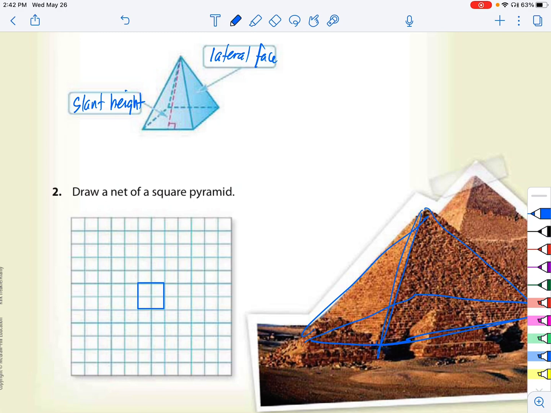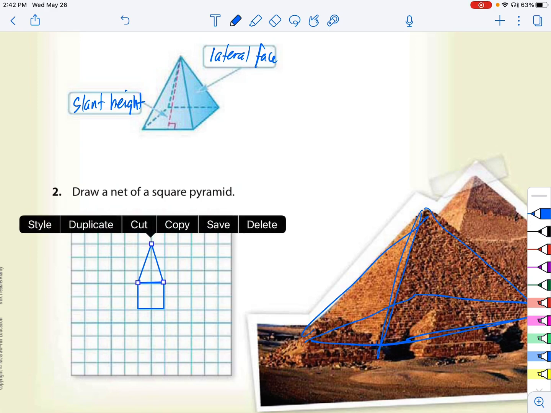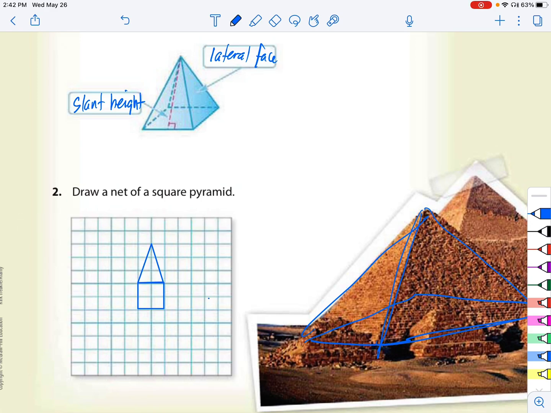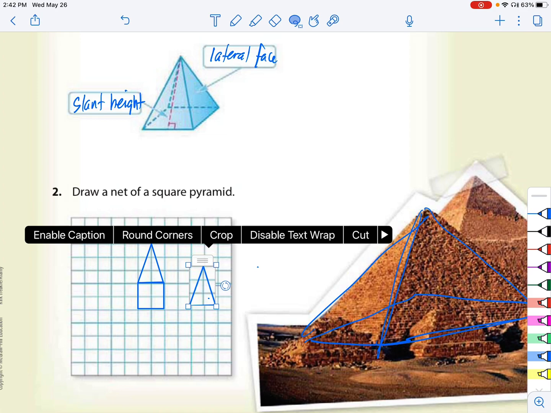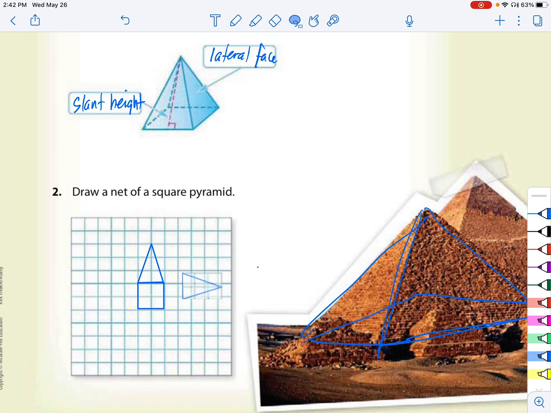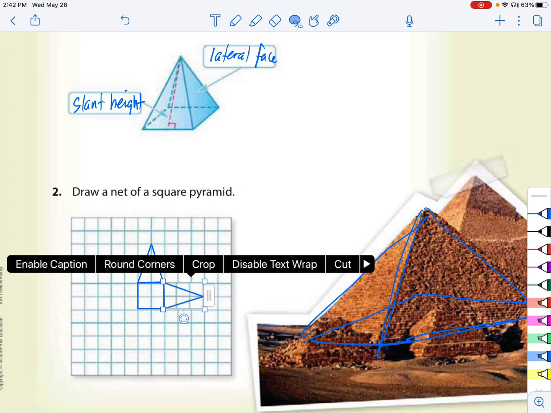And remember, it has four triangles, which we call lateral faces. So this is a lateral face. Just copy that because they're all going to be the same. And this is another lateral face. Just flip it.